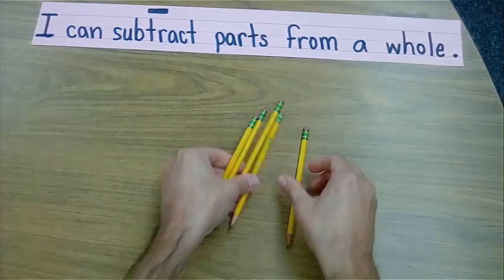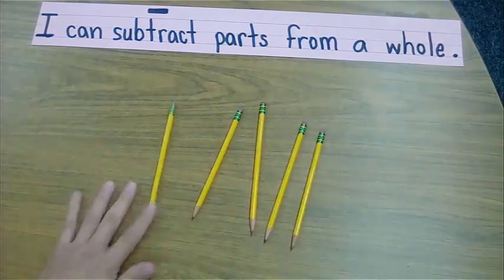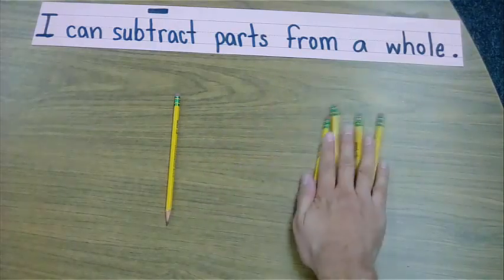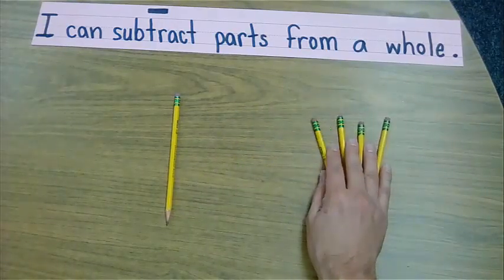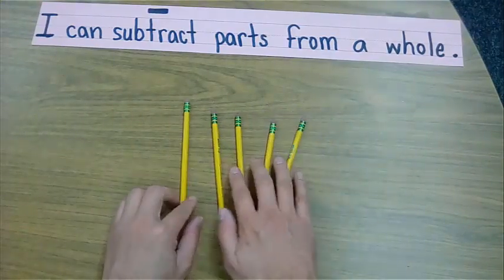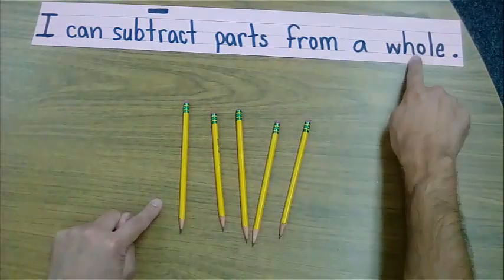Here's another story for you. Let's say I have 5 pencils, and I decide to give you 4 pencils. So how many pencils do I have left? I have 1 pencil. So right here, in the beginning, my whole was 5 pencils.